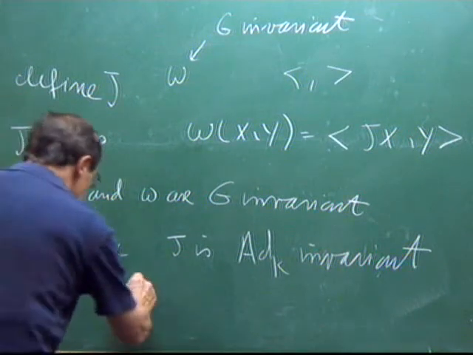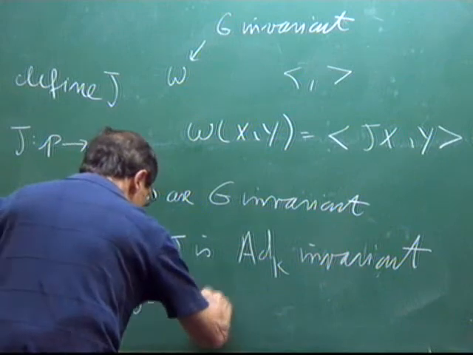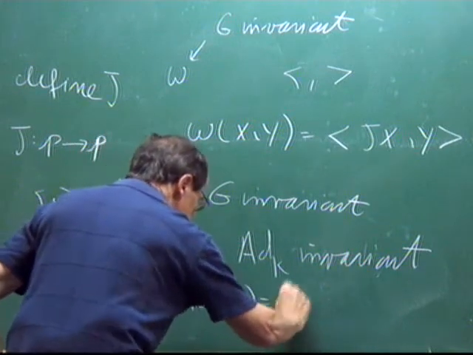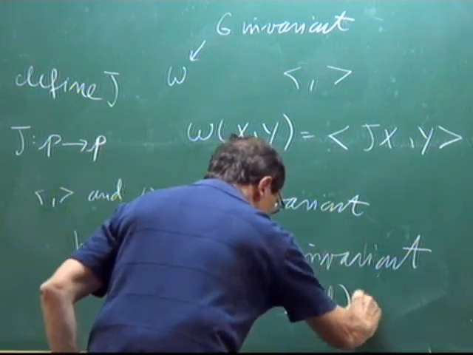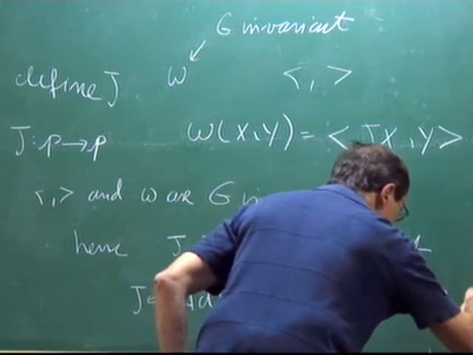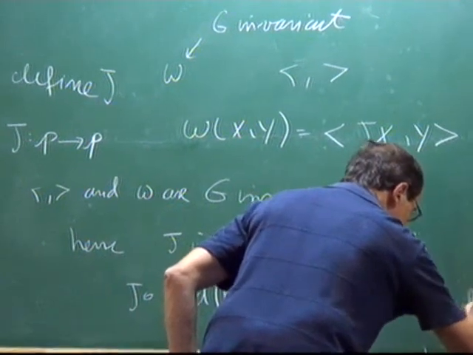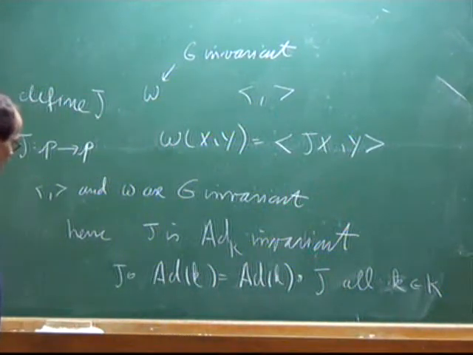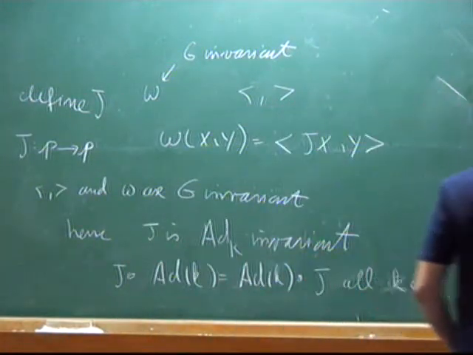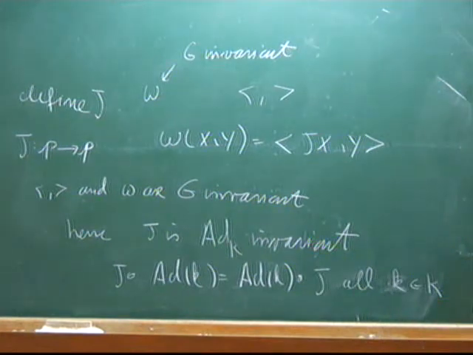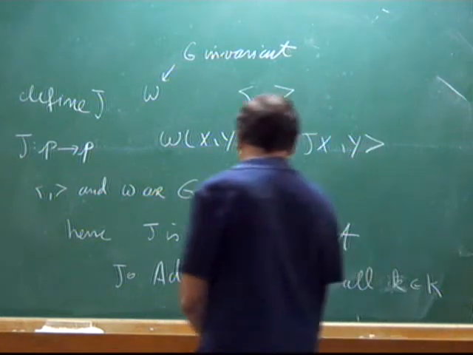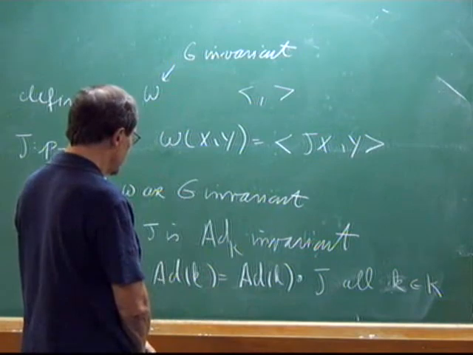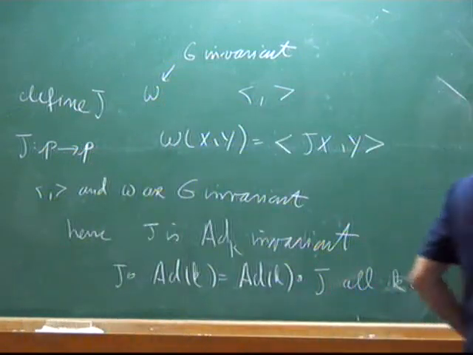So in other words, I can say J composed with Ad K is Ad K composed with J. So what does that mean? Ad K acts irreducibly on P.